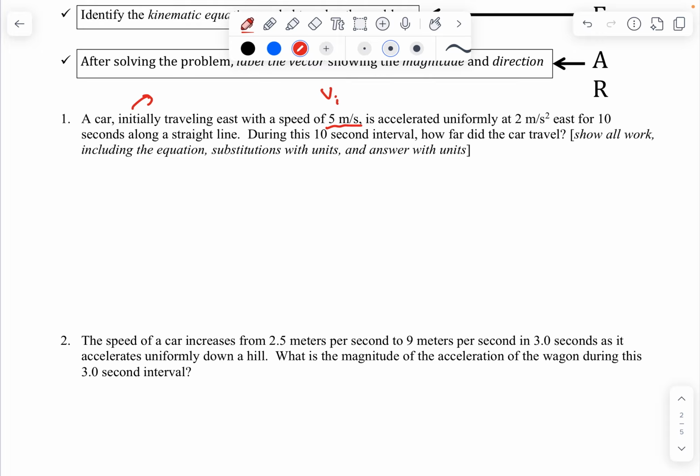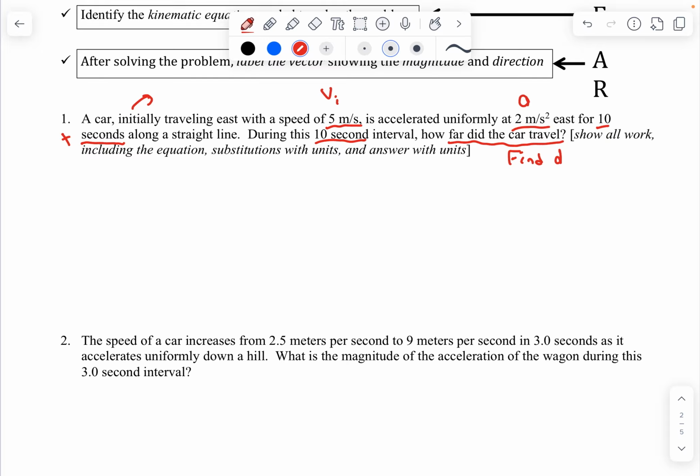So what do we have there? We have the acceleration, and then we have 10 seconds of that acceleration, so that's time. And during that 10-second interval, that's time again. How far? That's also important, because that is what we're trying to find. It is displacement.